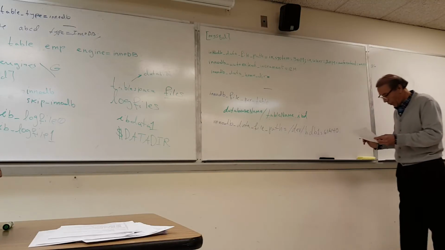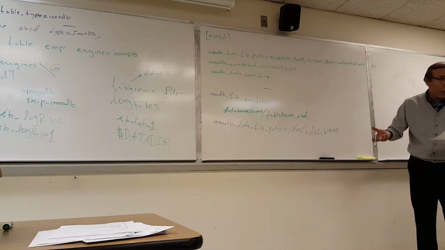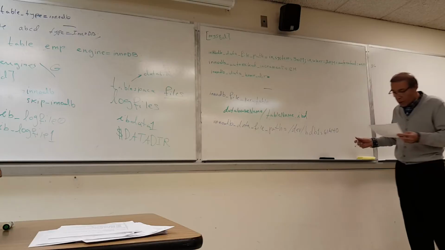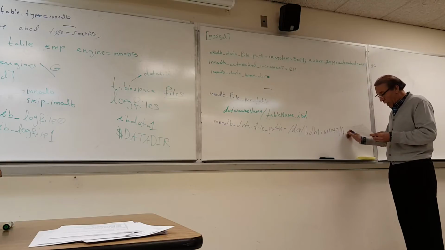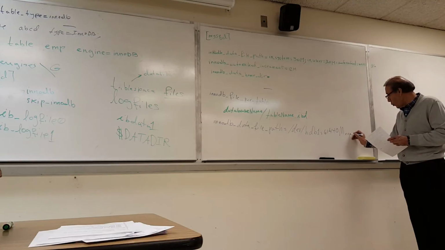61440. I just made up a number. This is the size of the partition which I have. Then upper M, lower nu, followed by raw.